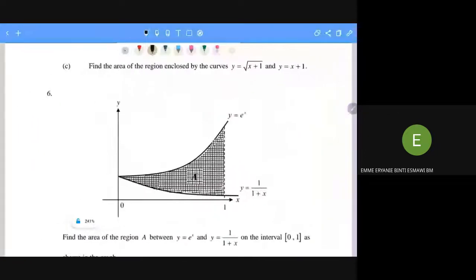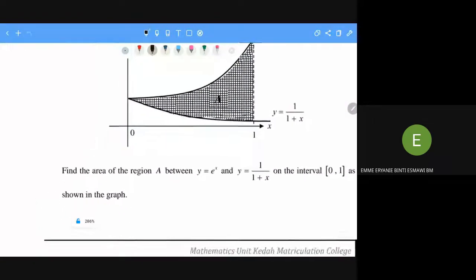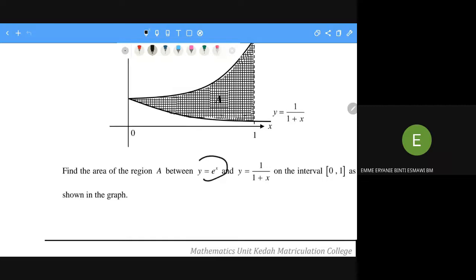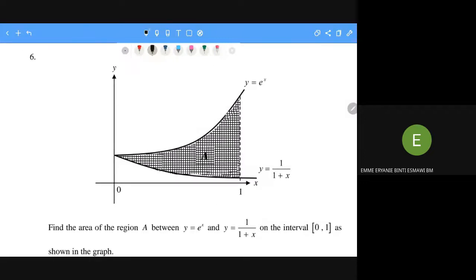So even though chapter 6 is not in the exam, but there can be functions from chapter 6 to be asked in chapter 7. For example, like this. Okay. Sebab kita belajar how to integrate exponent ni dekat dalam chapter 6 kan. Okay. So, dia boleh tanya benda tu dalam soalan area ataupun volume.